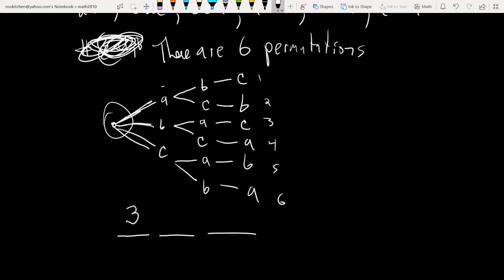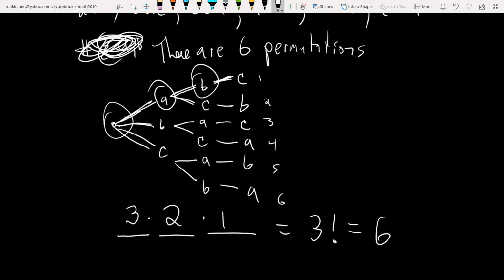Then once you pick that one thing, there's only 2 left. So in the next task, there's only 2 ways. And then for the third, once you get to that last letter, there's only 1 possible choice. So if you multiply that together, you get 3 times 2 times 1, in other words 3 factorial, which is of course 6.